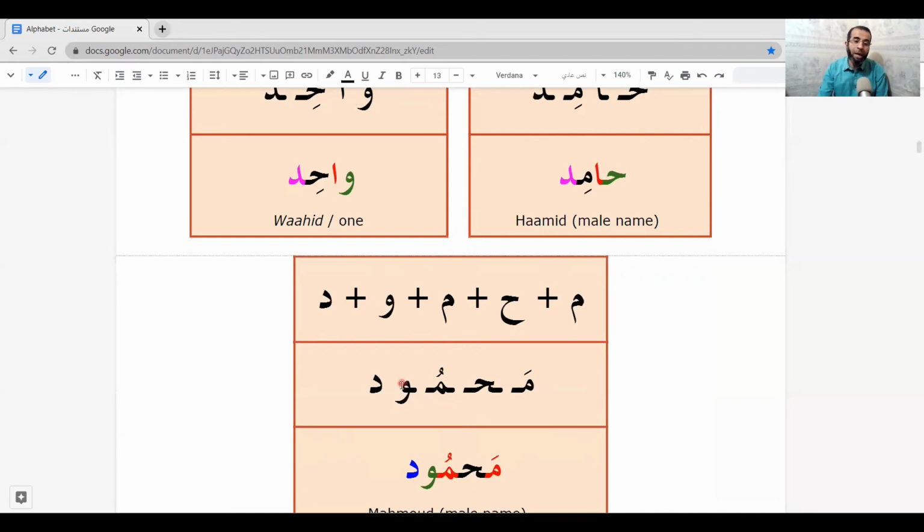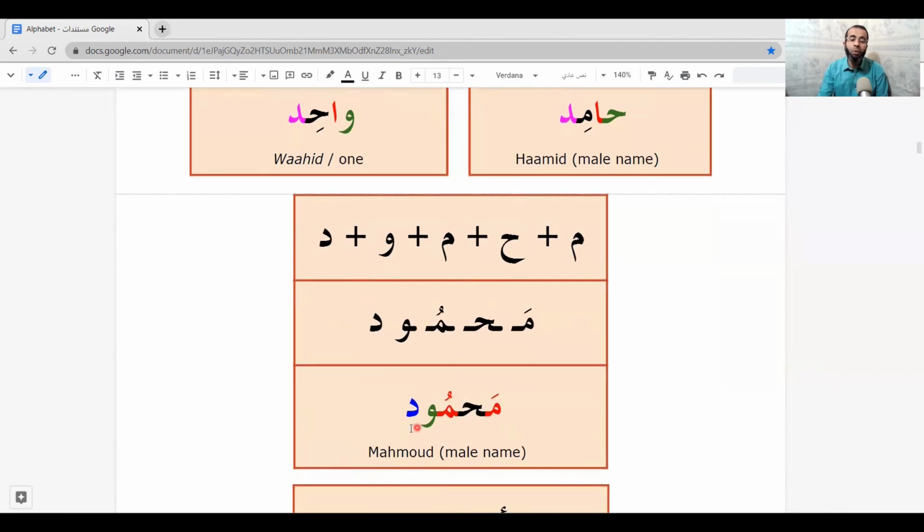And it's also followed by a long vowel, oo. So say mu, not only mu, but moo, because of this oo long vowel. So this is Mahmoud. Mahmoud is a male name. Write all these words one by one.